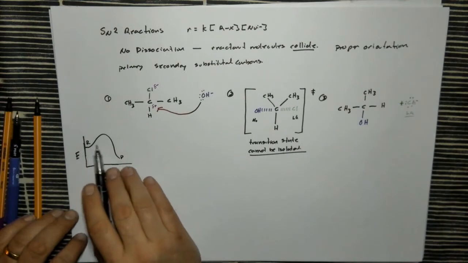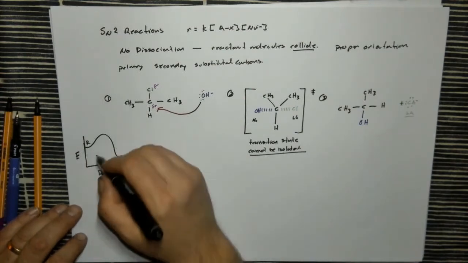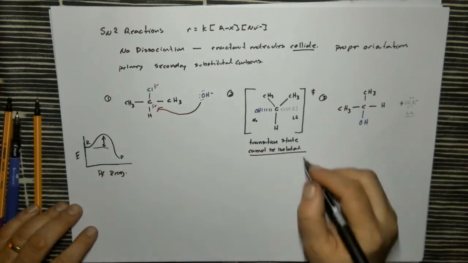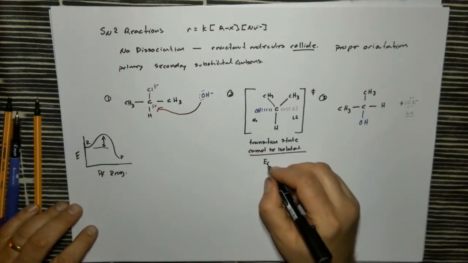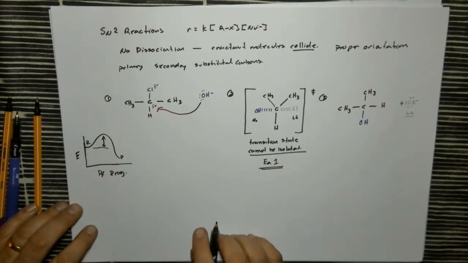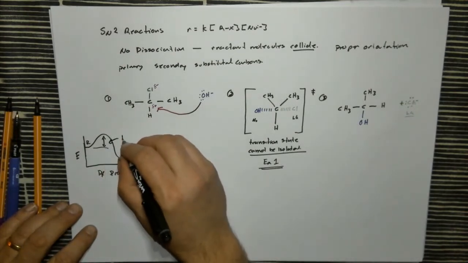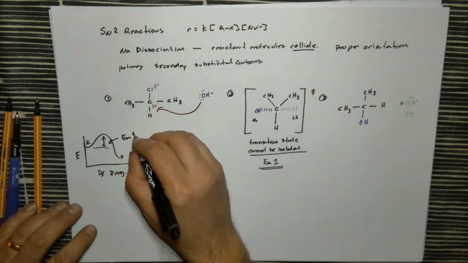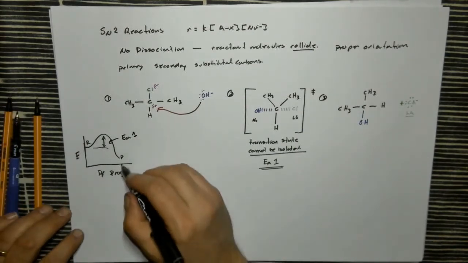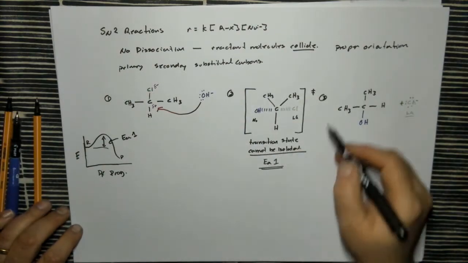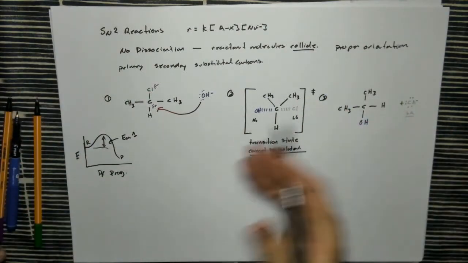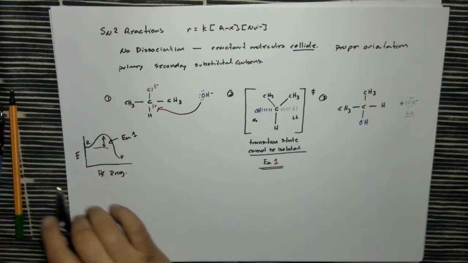The energy diagram is a smooth curve. It has one energy of activation, and that energy of activation is represented by the transition state. So this is E sub A, or energy of activation 1. You don't actually have to write the 1 because there's no second one, but I did. It's represented by this collision here, right? This is where they actually collide, and there's an exchange, and somehow one of them wins.